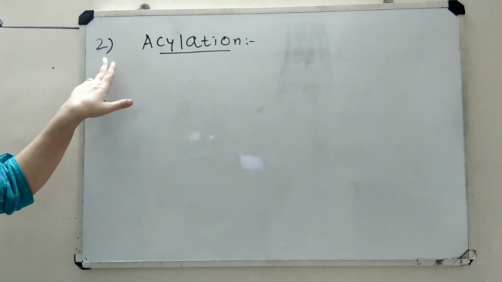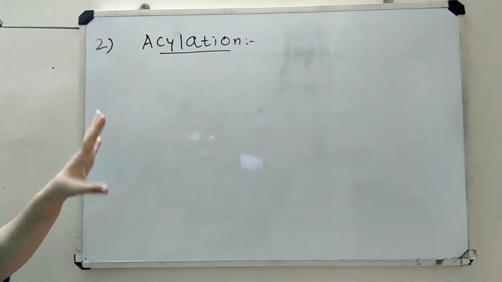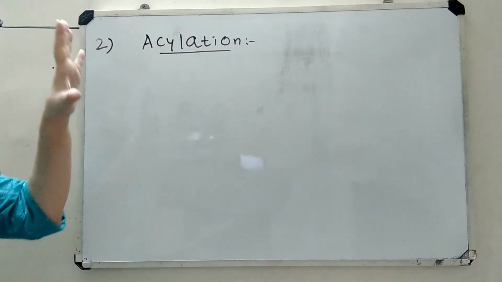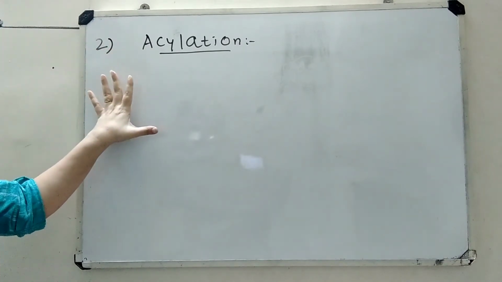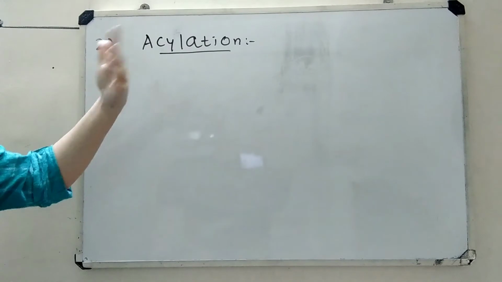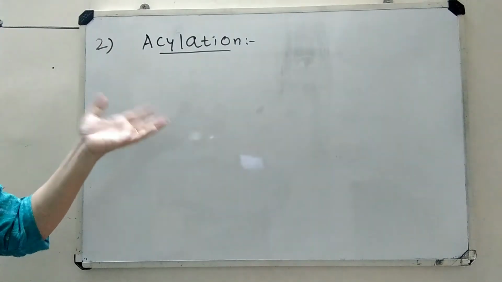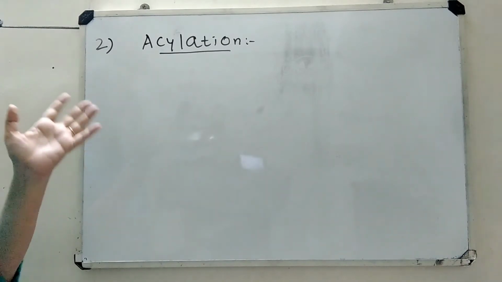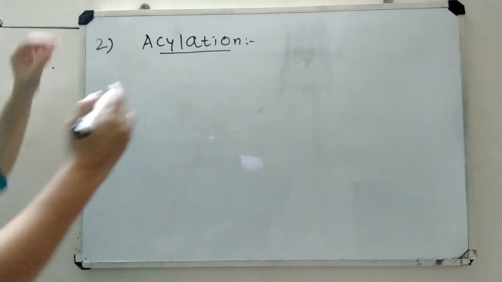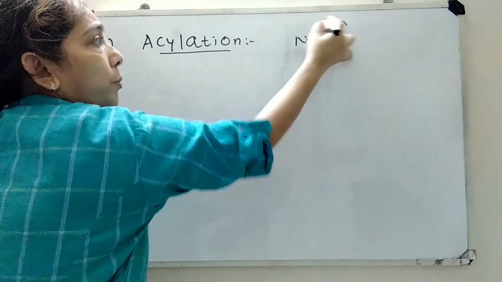Now the second reaction is acylation. In acylation, as I told you before, we add acetyl chloride or acetic anhydride to a primary or secondary aromatic or aliphatic amine. Then we get the NHCO group.